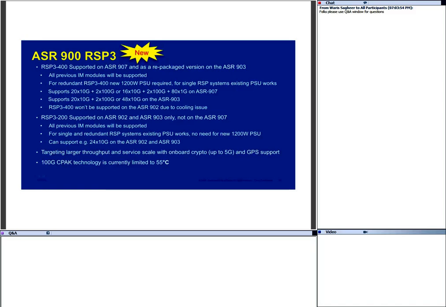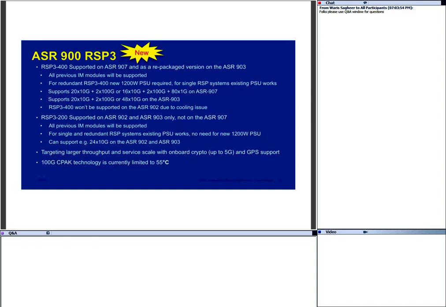with 16 IM slots. It really makes sense to have the bigger, 400 gig RSP3 on the 907. All the previous IMs will be supported. Also keep in mind the RSP3 200 is not shipping today, but we'll be shipping it shortly.